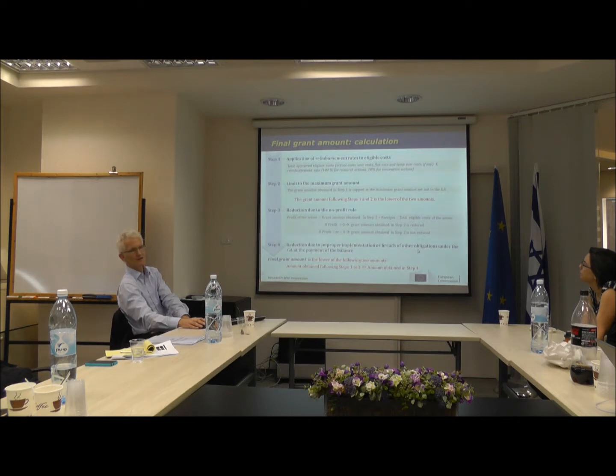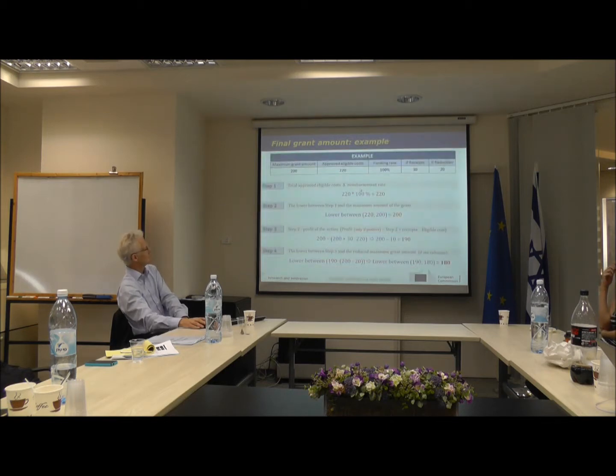It's not a penalty, but we can say we have committed to pay 5 million to this project. You have done some things which you are not supposed to do, and therefore we reduce the maximum to 4.5 million. That is provided now in the model plan. Of course, this has to be very heavily justified from our side, but it's possible. And then if the amount after step 3 is higher than 4.5 million, we cut it to 4.5 million.